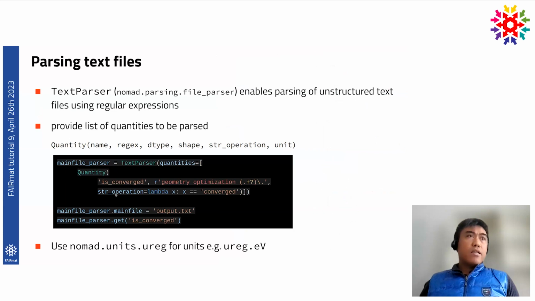And we provide a string operation, a lambda function, which says that if the parsed string is equal to converged, then it's true. Then we provide the path to our main file, in this case output.txt, for example. In order to get the actual parsed value, we use this get function, with the name of the quantity, isConverged.